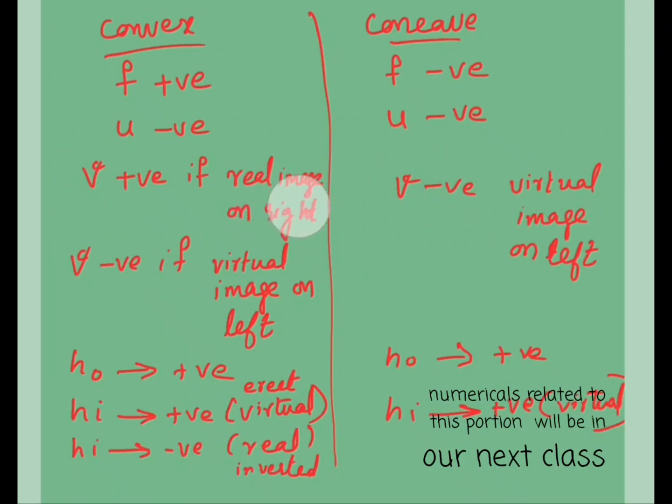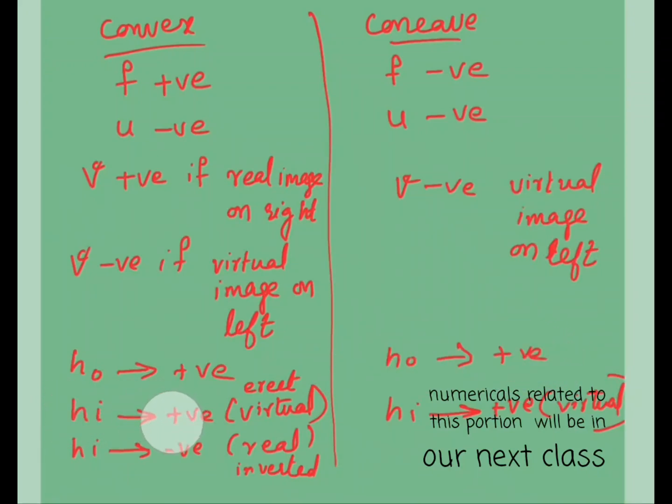If it is a real image on the right, then V is taken as positive. If it is a virtual image on the left, V is taken as negative. For a concave lens, we have a virtual image, it will be on the left, so V is taken as negative. Now moving to height, height of the object is always taken as positive.